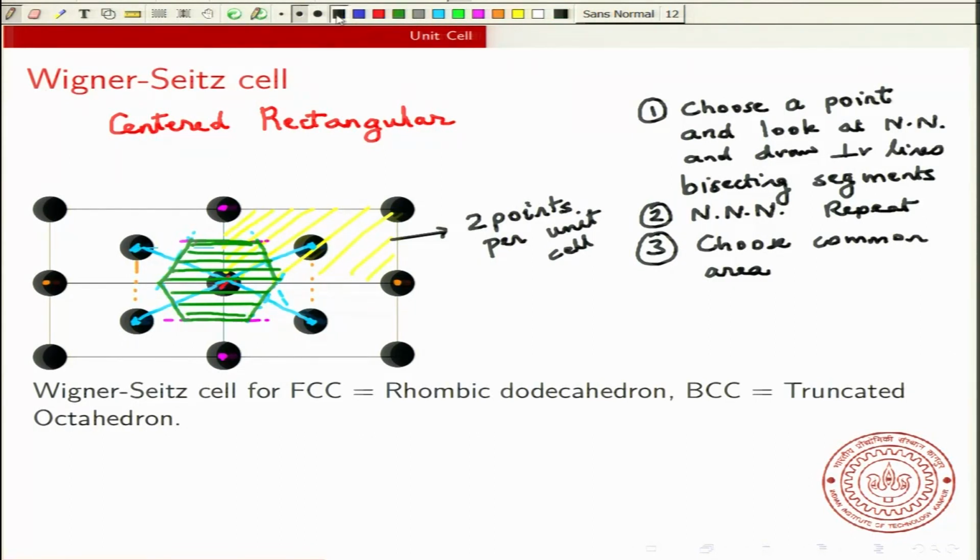Now it turns out that you can do this for an FCC. You can take an FCC in 3 dimensions and you can do this. Now this is considerably harder to visualize, because in 3 dimensions you will not have perpendicular lines as in 2D. You will have a plane that is perpendicular to each segment that connects a point to its neighbor.